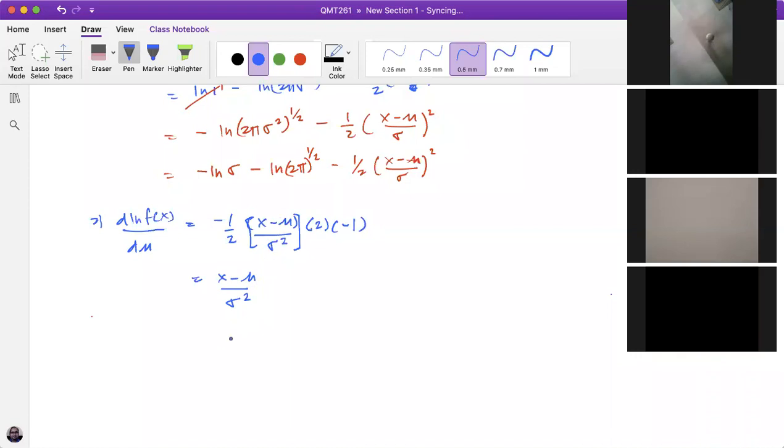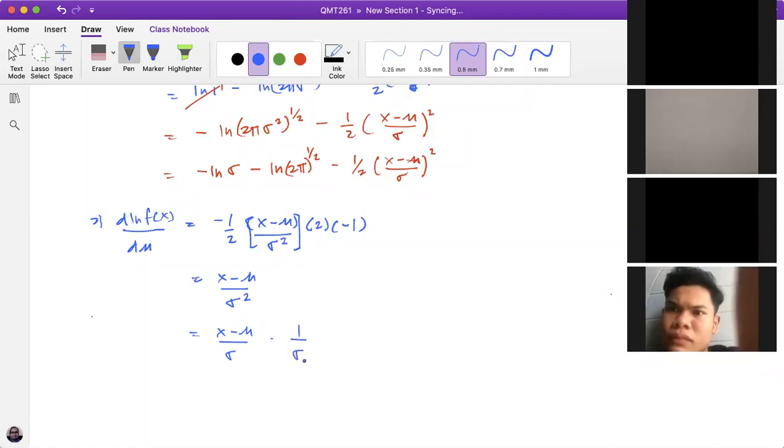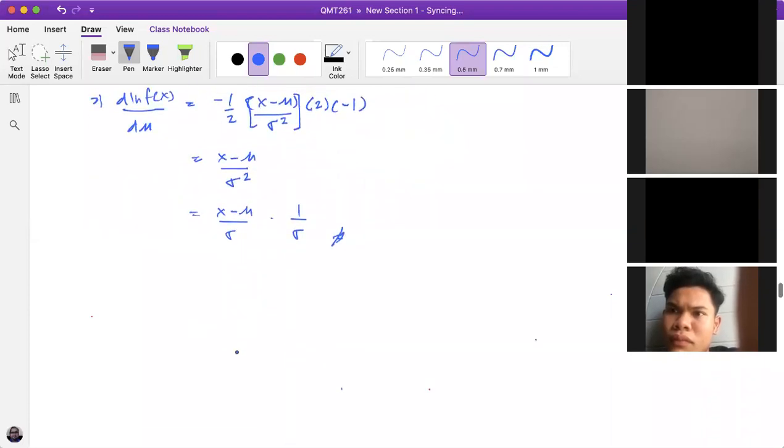So if we split this, we get (x minus mu) divided by sigma, multiplied by 1 over sigma. It is the same, because I want to keep it in standard normal form. Whenever we write our distribution, make sure we recognize the distribution. Then step number 3, what we need to do is take the expected value of the derivative of ln f(x) with respect to mu.